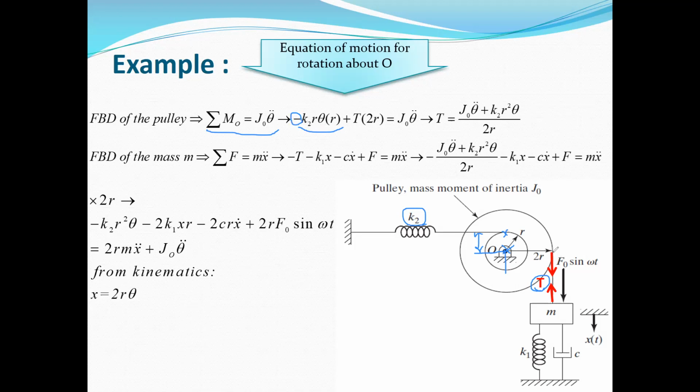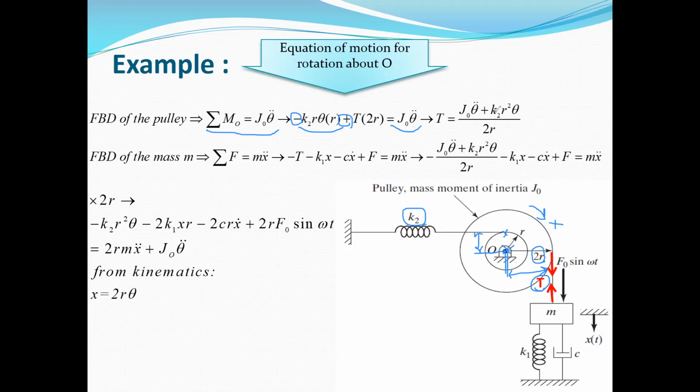The second one is the moment due to the force T, and the arm is 2r, because when you are calculating the moment about point O, the arm is this length for the tension T, and it will be T times 2r. When we assume that the positive direction of motion is clockwise, the moment due to the spring K2 is negative, but the moment due to the tension T will be positive, because you can see the moment will be in clockwise direction. And finally, it must be equal to J naught theta double dot.